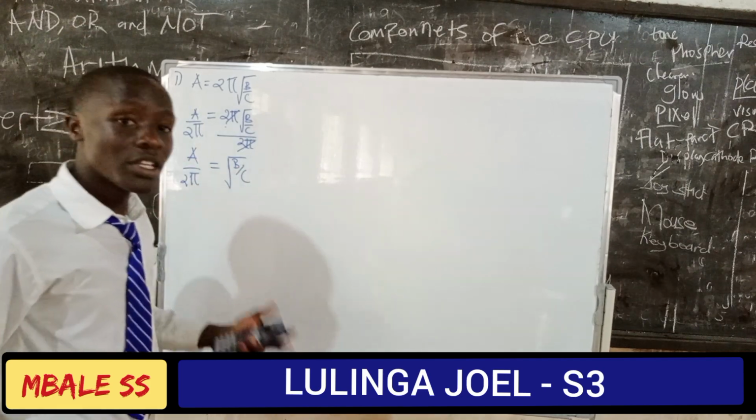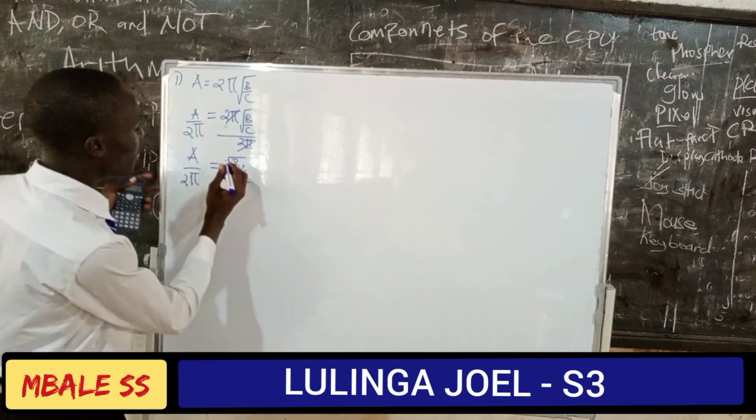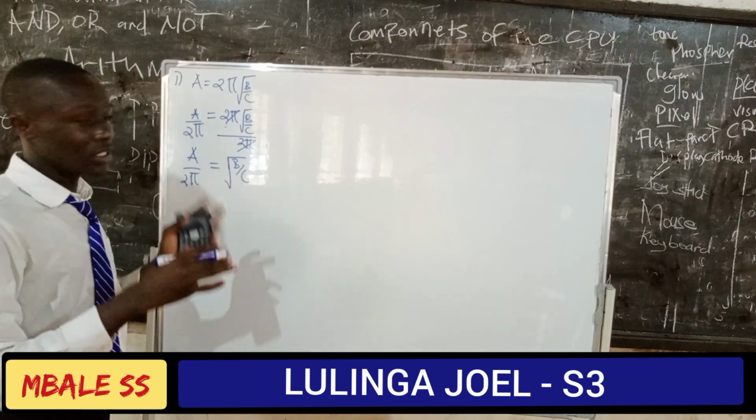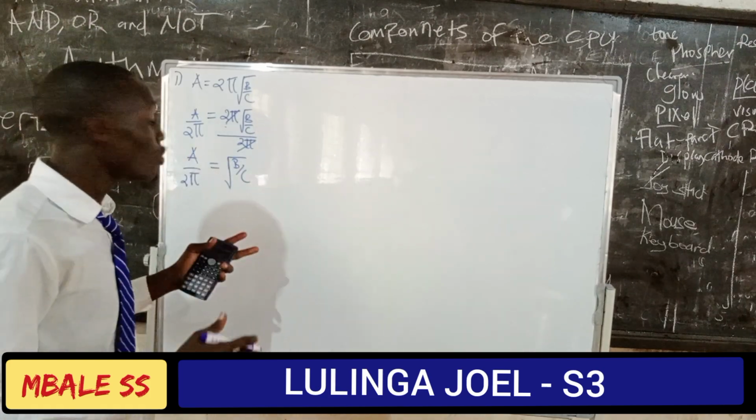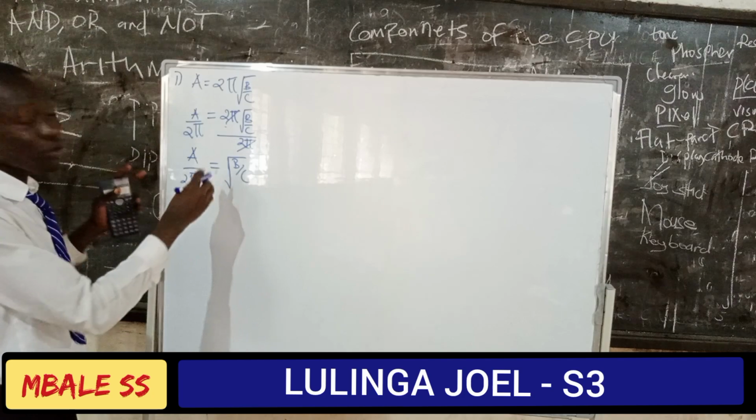Now after that, the next thing is making this B over C a term without the square root. What are we going to do? We are going to square on either side of the formula.